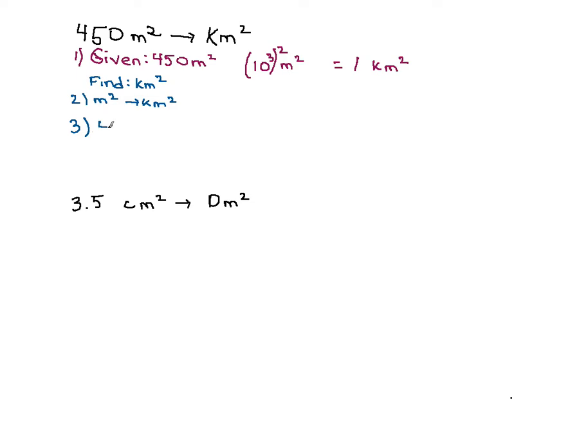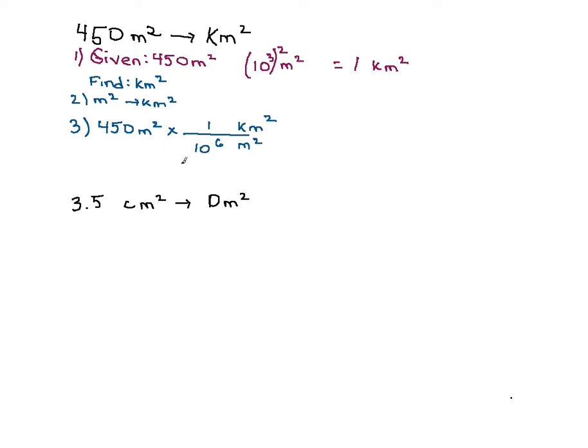So I've got 450 meters squared. Okay, I'm in meter squared. I want to get rid of meter squared, so I'm going to put those on bottom. And I want to get into kilometer squared, so I'm going to put those up top. Now, I know this relationship already. Okay, 1 goes next to the kilometers, and 10 to the 6th, because it's 3 times 2, goes on bottom.